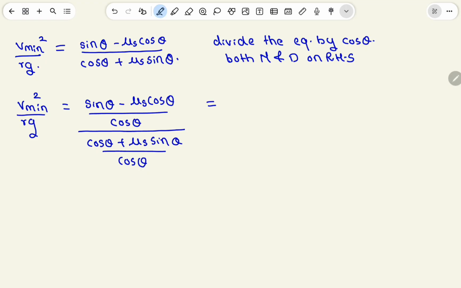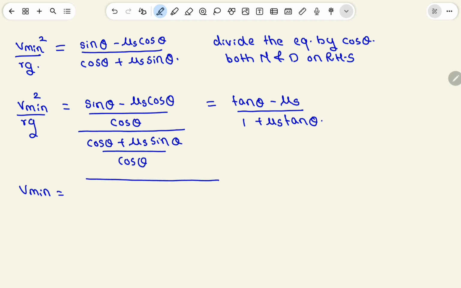Now if we simplify this, sine over cos is tan, cos and cos gets cancelled, so we have mu s, cos and cos gets cancelled, so again we have 1 plus mu s into sine over cos is tan. So finally we have an equation for the minimum speed, which is nothing but under root, the Rg goes over to the other side, into tan theta minus mu s upon 1 plus mu s tan theta.